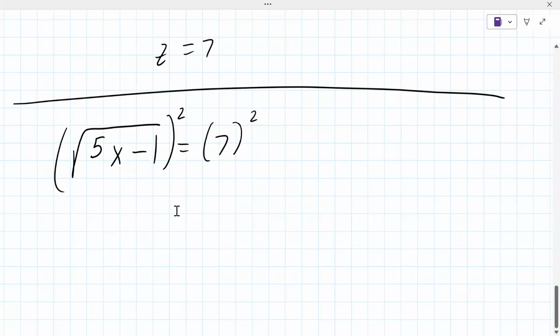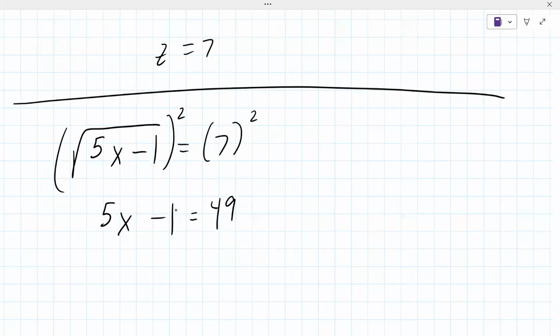5x minus 1 equals 7 times 7. So 49. Good.